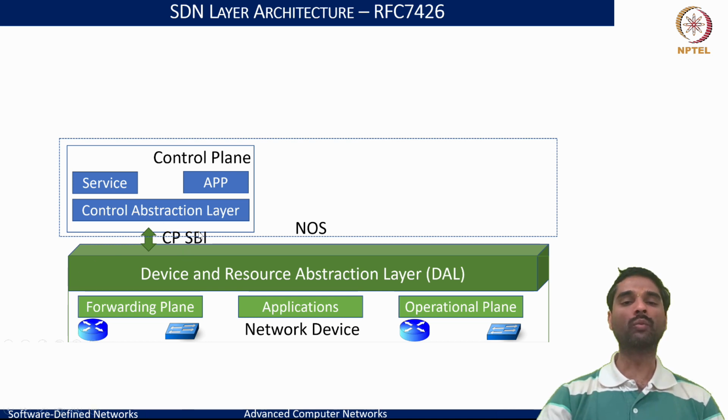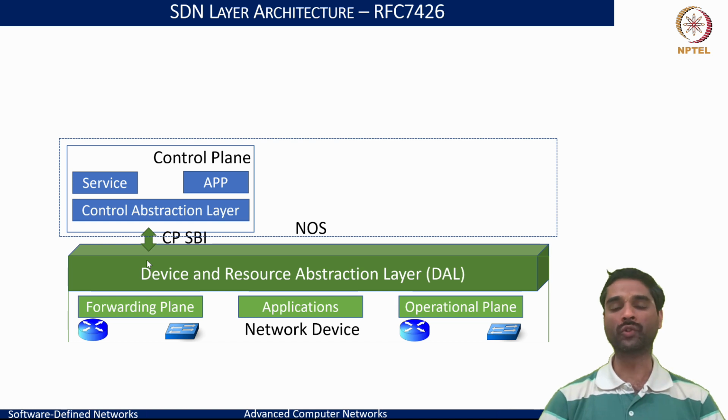That's the control plane southbound interface to communicate with the device and resource abstraction layer. And the most typical model that we are going to learn is about the OpenFlow interface for this control plane to communicate with the forwarding plane of the devices to set the forwarding rules.